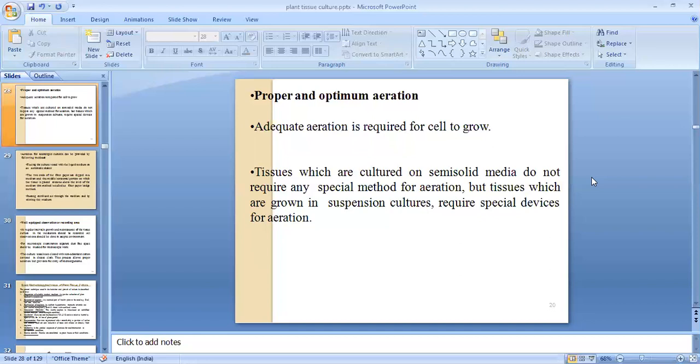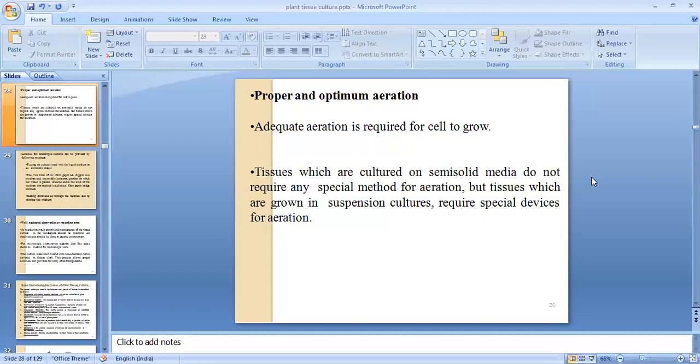So these are all the basic requirements for the plant tissue culture to run. So this is the very general introduction, that is definition, its characteristics, advantages and disadvantages, and the history of the plant tissue culture, and the basic requirements to run a plant tissue culture lab.